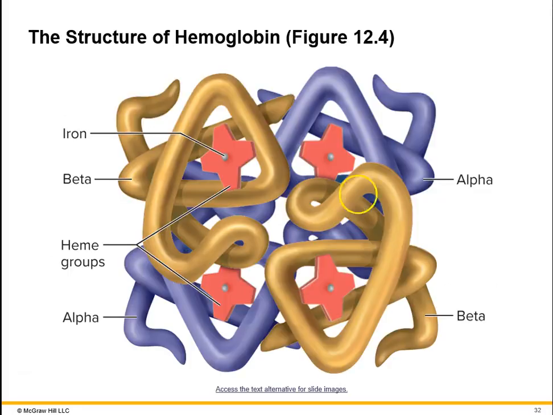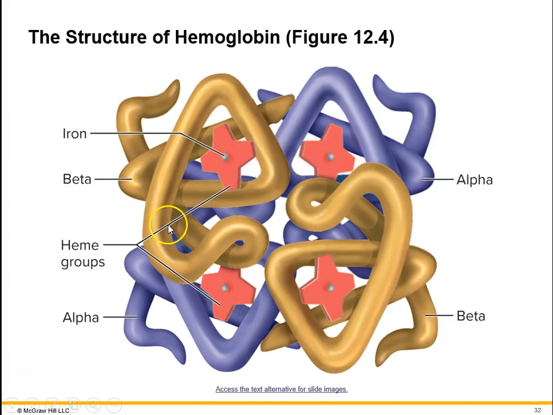In that heme group is where you will find these iron subunits. There are 4 heme groups in one hemoglobin molecule, and each one of these heme groups has an iron in the center of it, and this is where the oxygen will bind.